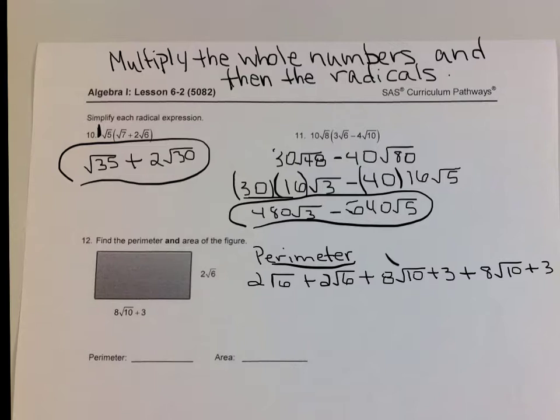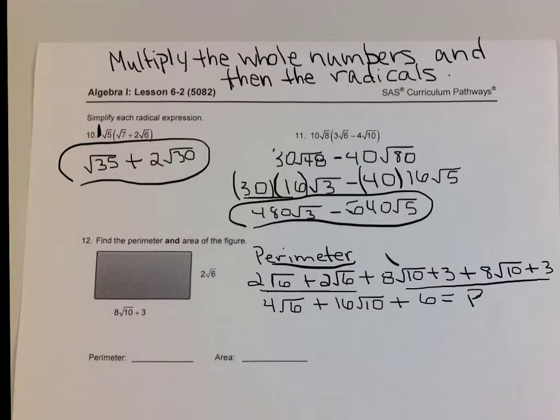All right, because these two have the same radical or same number under the radical sign, you will get 4 square root of 6 plus 8 plus 8 is 16 times the square root of 10 plus 3 to get 6. Now you have to think to yourself, can I simplify these any further? And you cannot.